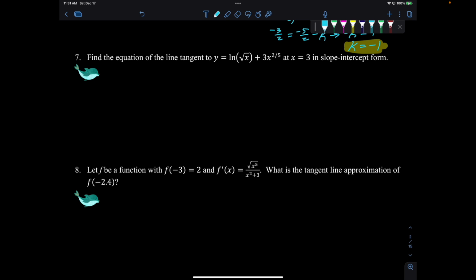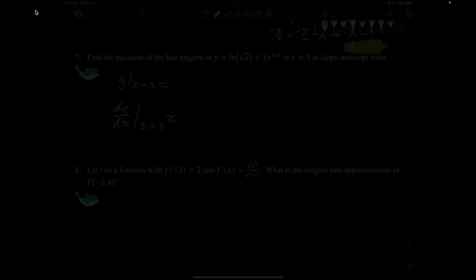So I need to find y such that x equals 3, and I need dy/dx or y prime such that x equals 3. And then I'm going to use a calculator, and then I will write the answer in. So let's go back to the calculator.